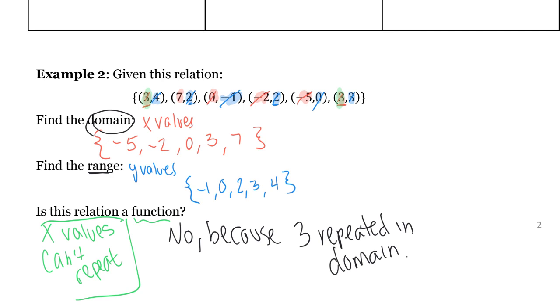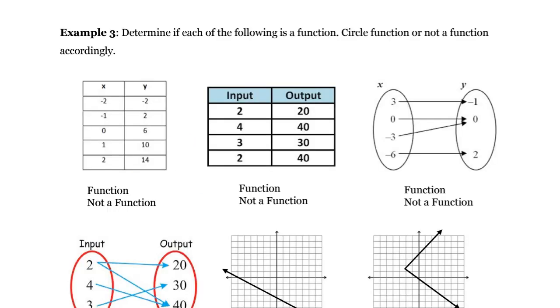Okay, so let's look at more examples. So let's go to the next page. Okay, so example 3 is given a bunch of different examples, and we want to figure out if each one is a function or not. And we want to circle if it's a function or not a function accordingly. Okay, so again, for it to be a function, our x values can't repeat.